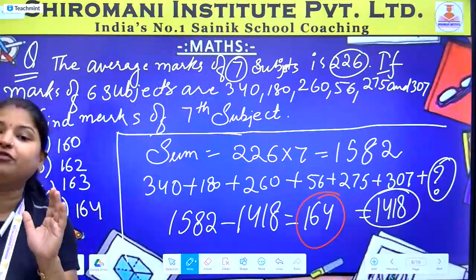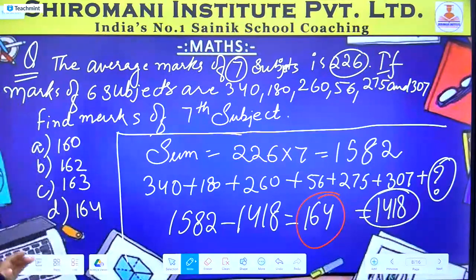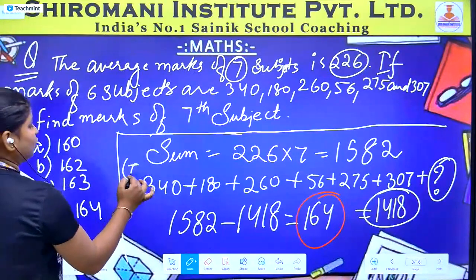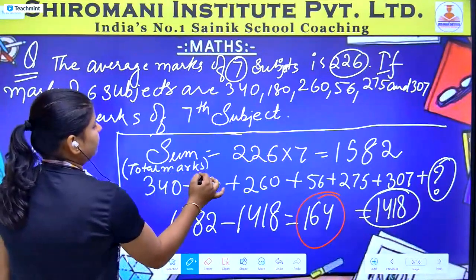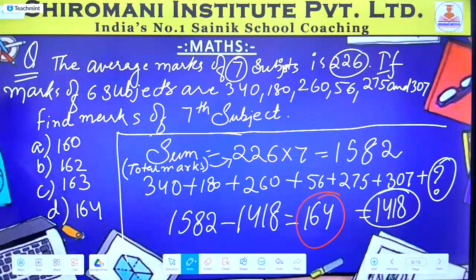So the sum of total observation, that is total marks, will be 226 into 7. That is 1582.